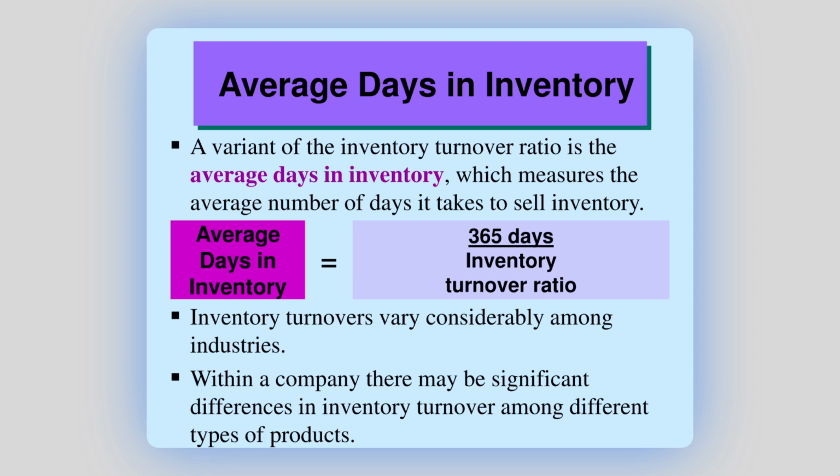So, average days in inventory is equal to number of days divided by your inventory turnover. Alright, so ganun lang, ha. So, inventory, again, may vary among the industries, or within the company. There may be significant differences in the inventory turnover. So, kasi nakadepende kasi yan. Okay? So, nakadepende yan. Anyway.